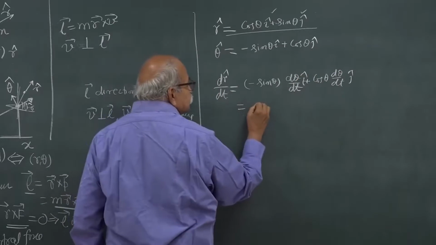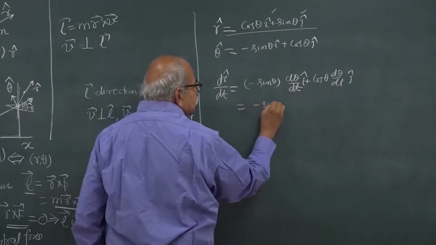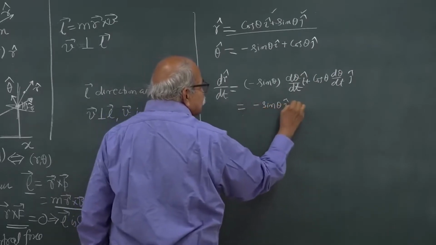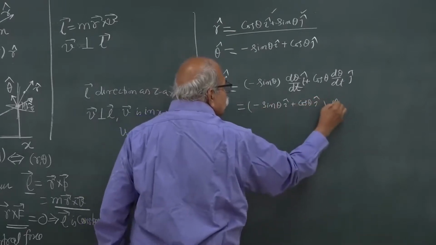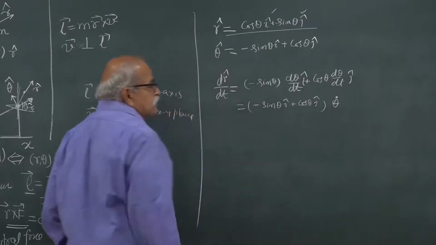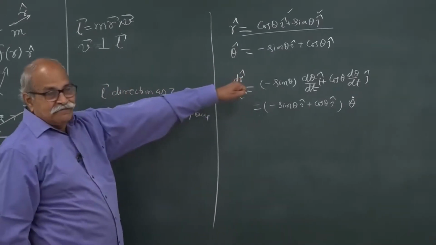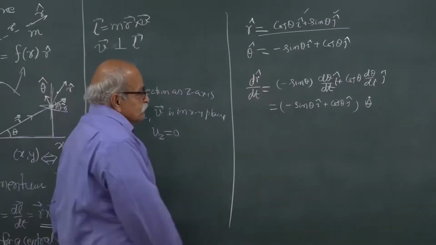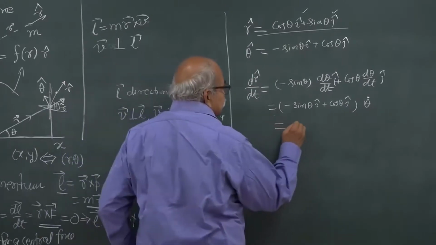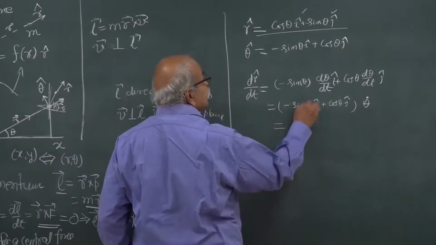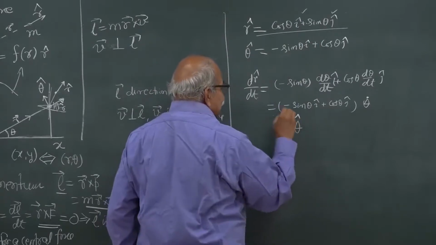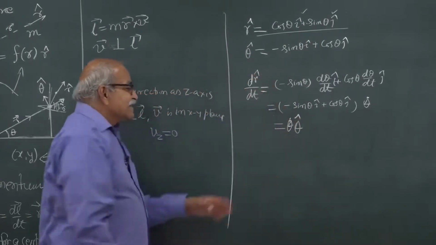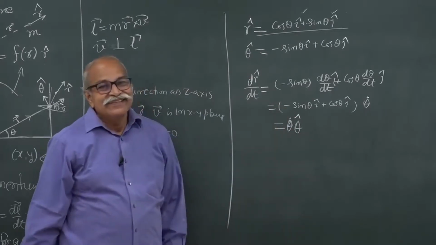This is minus sin theta i cap plus cos theta j cap, times theta dot, and when I write dot it is d dt of theta. This is theta cap, so dr cap dt is theta dot times theta cap.